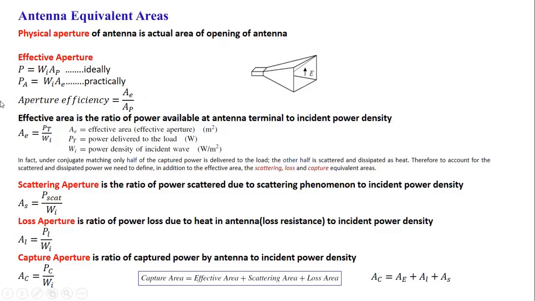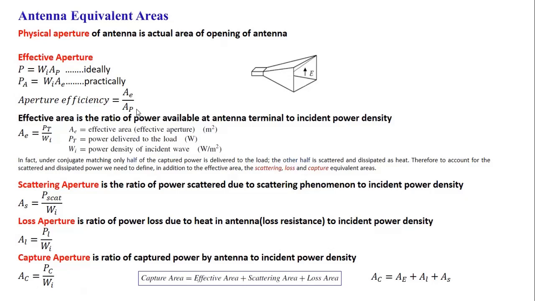One more thing, the aperture efficiency is given as the ratio of effective aperture area to the physical aperture area. Effective aperture area is always less than that of the physical aperture.